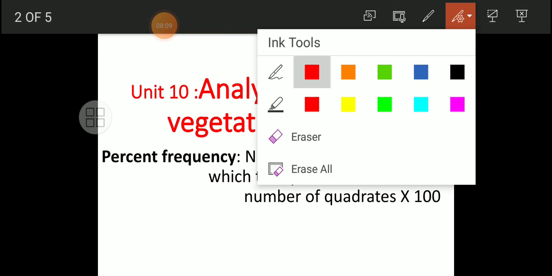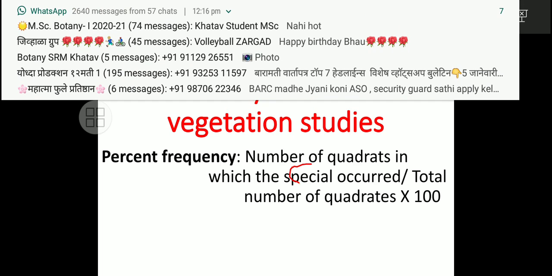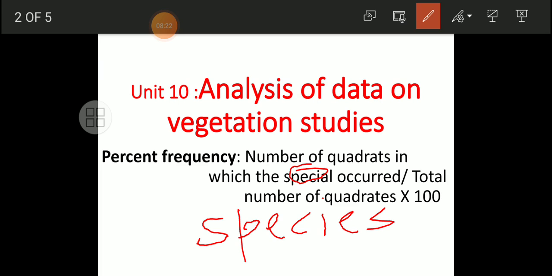In case of percent frequency, my friends, the number of quadrats in which the species occurred. In the sense, suppose we have set up 4 quadrats and the species occurred in 3 quadrats. So we write the number of quadrats in which the species occurred, only 3, isn't it?